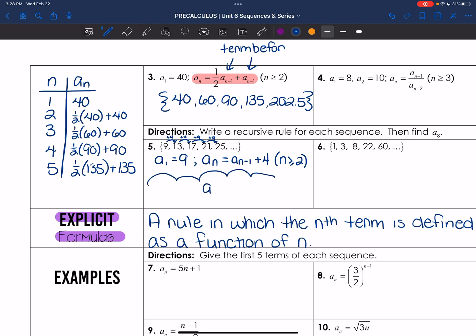Because a_2 is a_{2-1}, which is what? What is 2 minus 1? That's actually just a_1 plus 4. You see how that means we're going to begin at our second term. Given our first term, now let's move on to the nth term, which would be our second term. And then it would work from there on out.